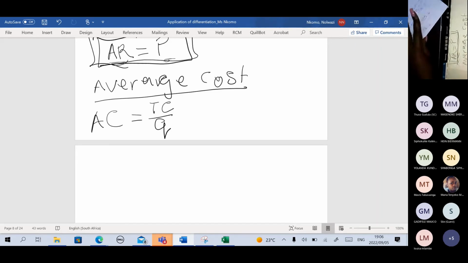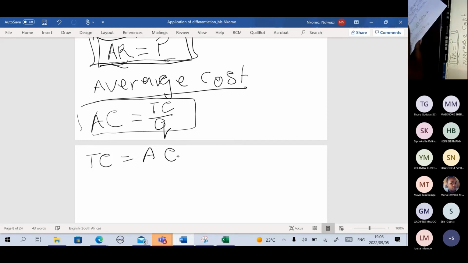Okay. From these equations, it follows that the total cost is given by the average cost multiplied by the number of units produced. The total cost, okay? The total cost is equal to the average cost times the number of units produced.